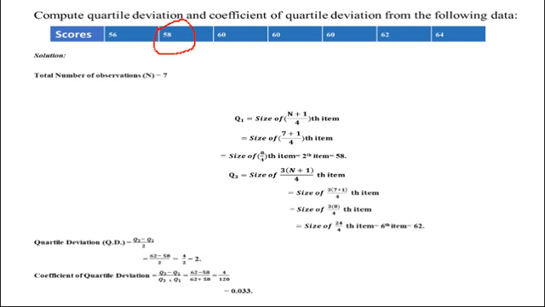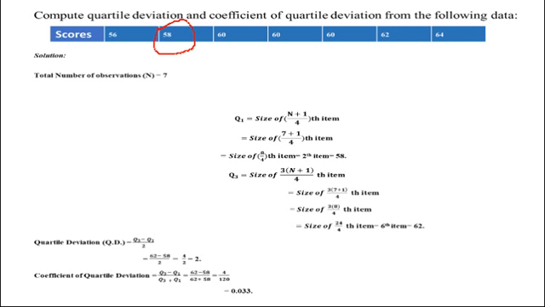Now we have to calculate the upper quartile. The formula is the size of the 3 into (n plus 1) upon 4th item. N is equal to 7. So we have 3 into (7 plus 1) upon 4, which is equal to 24 upon 4.